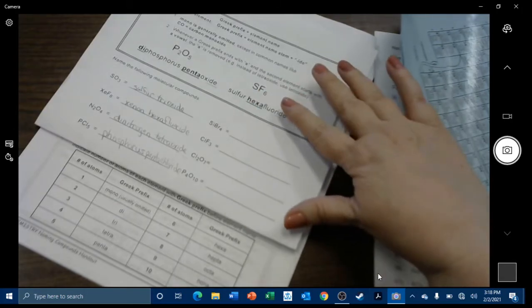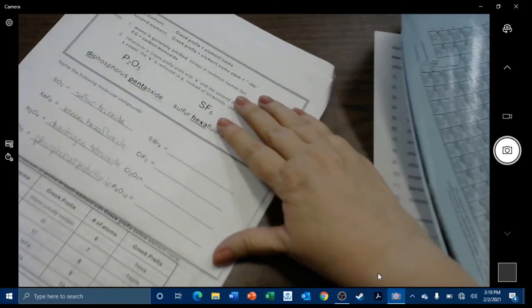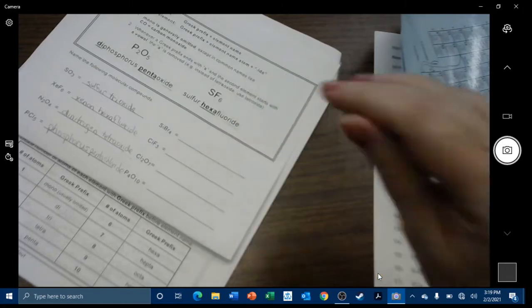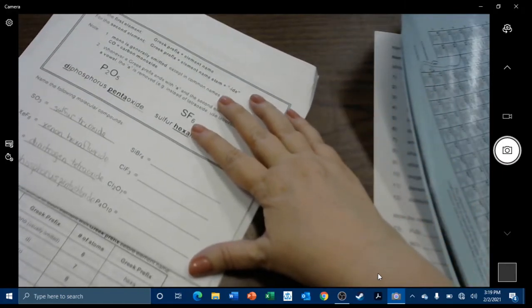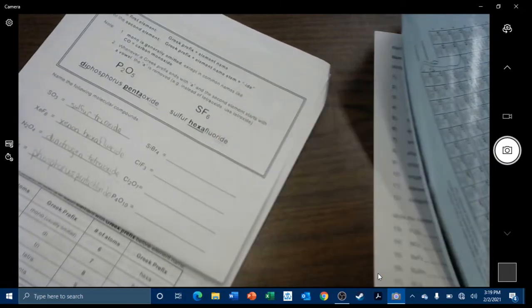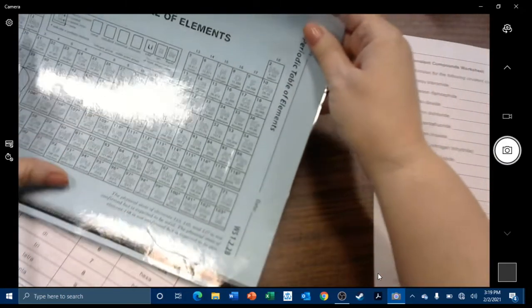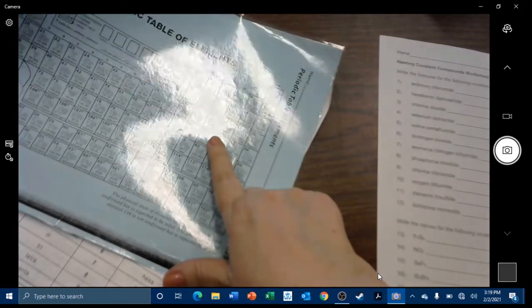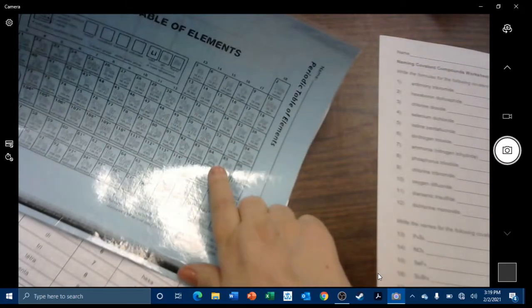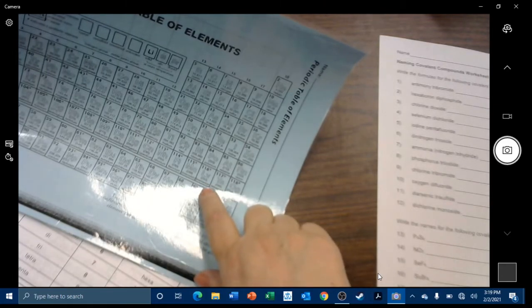All right, let's go over to the next column. Let's do a few more examples. Now, SiBr4 is, let's see, Si is silicon. If I can find it. There it is, silicon right there.